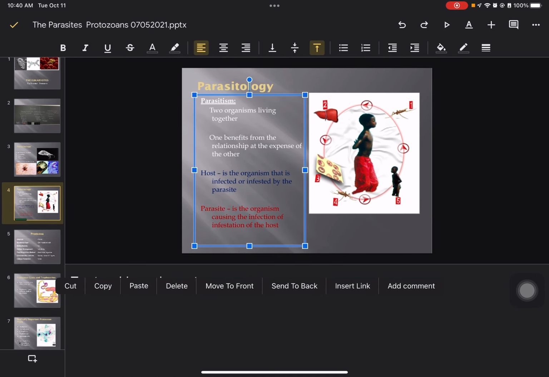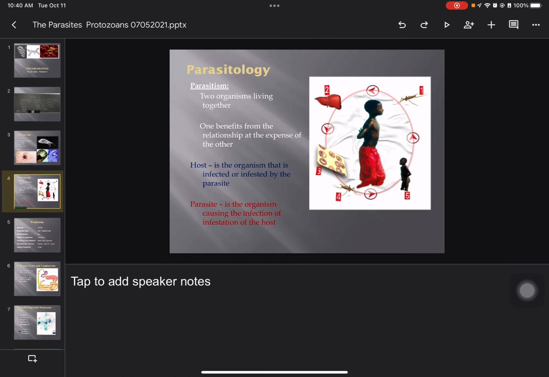Those are mostly going to be other animals like livestock or dogs or cats. Raccoons and possums are notorious parasite hosts. They're heavily parasitized animals because they eat just about everything, are you with me? And therefore they pick up all kinds of different things, okay?